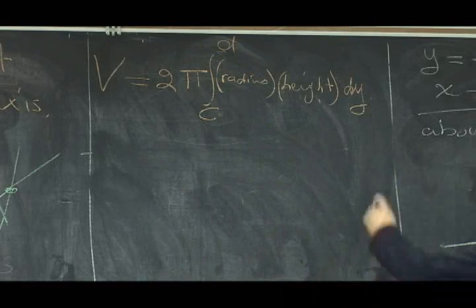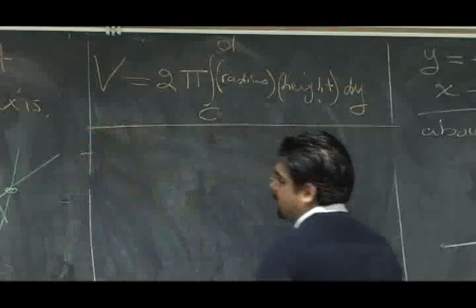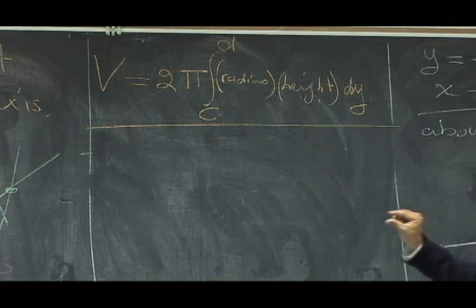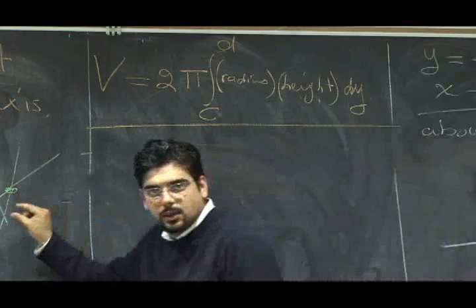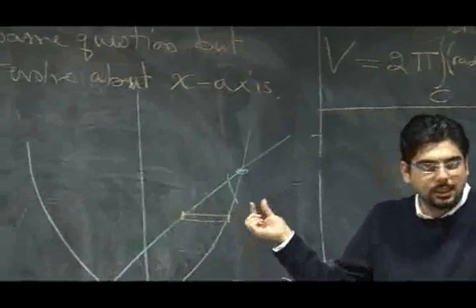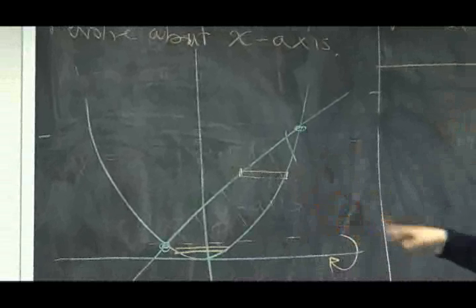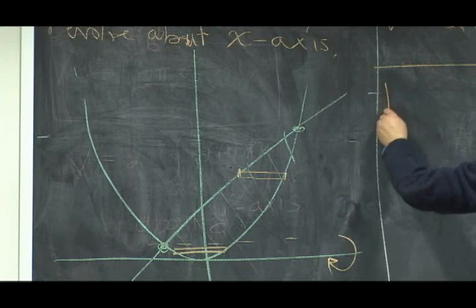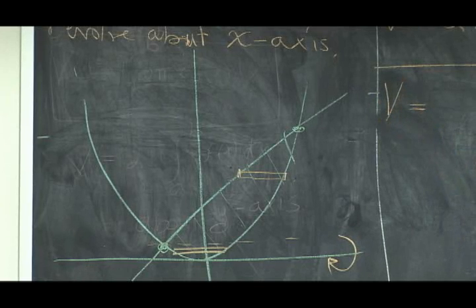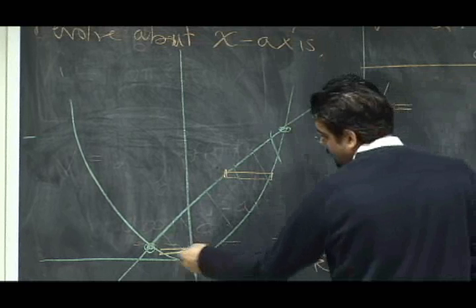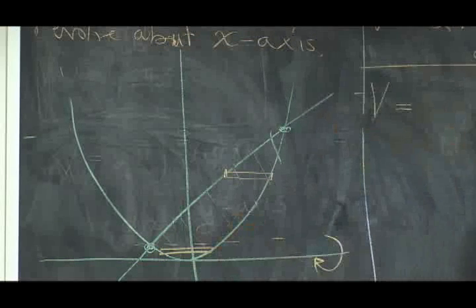This is a general formula if you're integrating in y. You can see the thickness, the delta, is a y delta, right? It's a vertical delta. The other one was a horizontal delta, which was delta x, this is delta y. You could remember it like that. Anyway, the point is, this still doesn't work because you need two different equations if you're going to subtract something here to get the height. Yes?